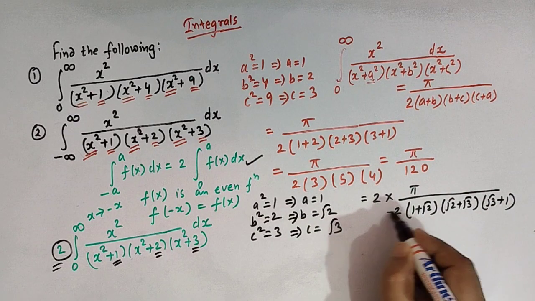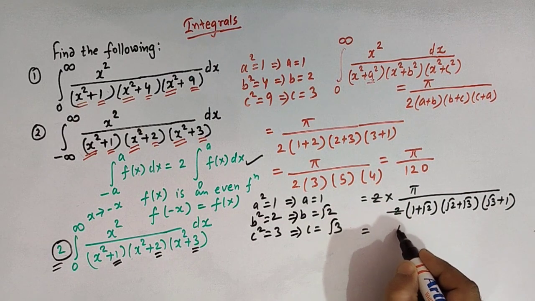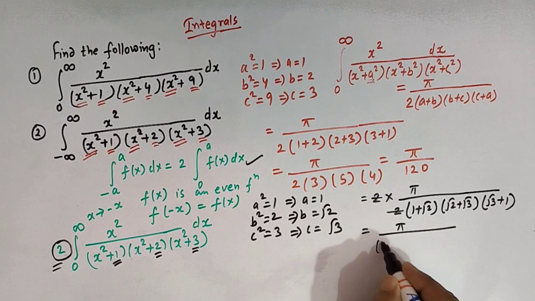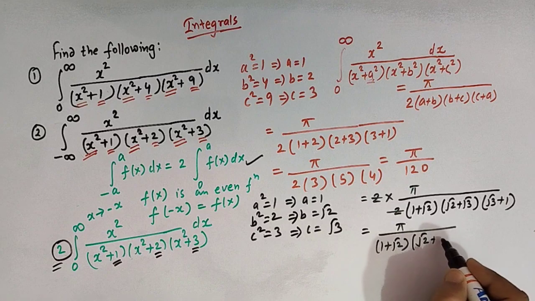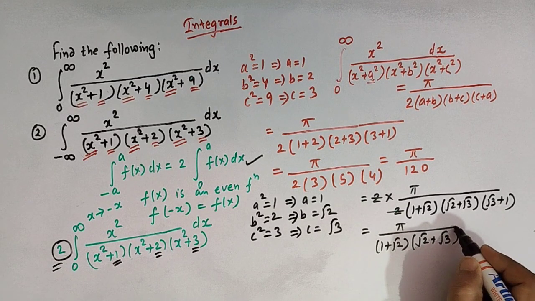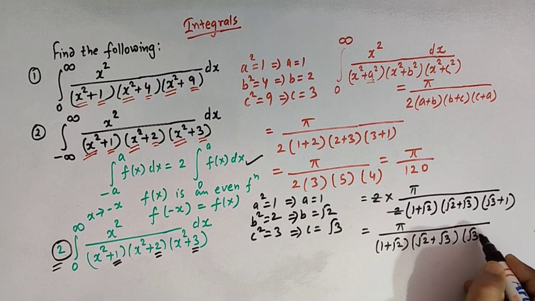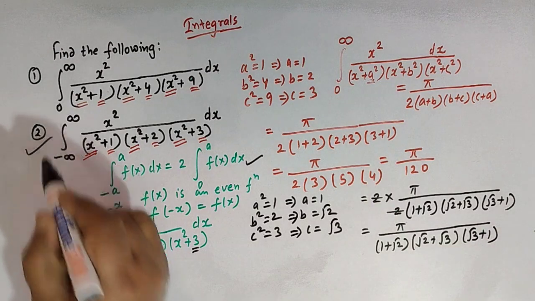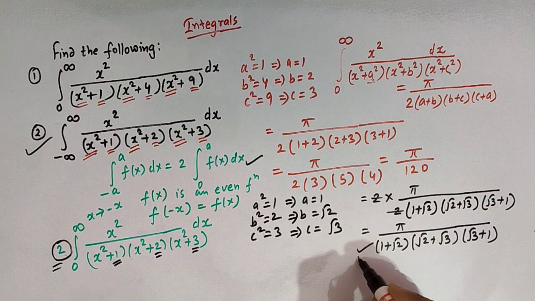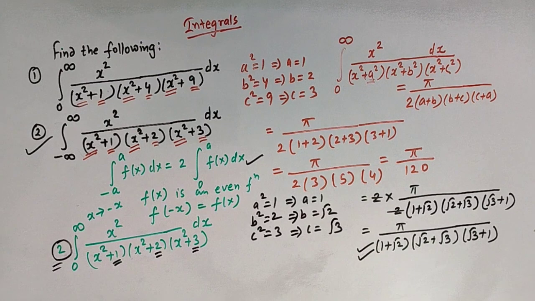Now this 2 and this 2 get cancelled. So we have pi divided by 1 plus square root of 2, square root of 2 plus square root of 3, and square root of 3 plus 1. So the value of this integral is equal to this expression.